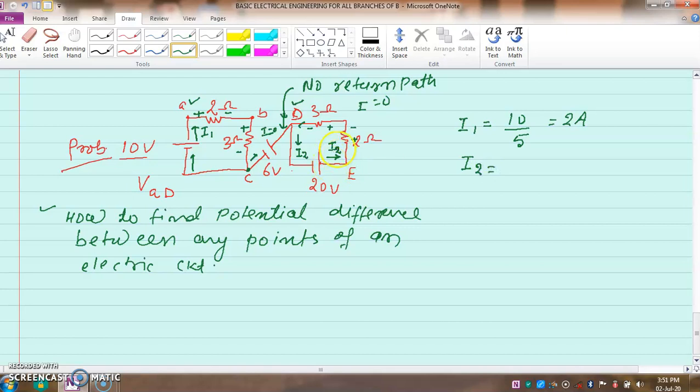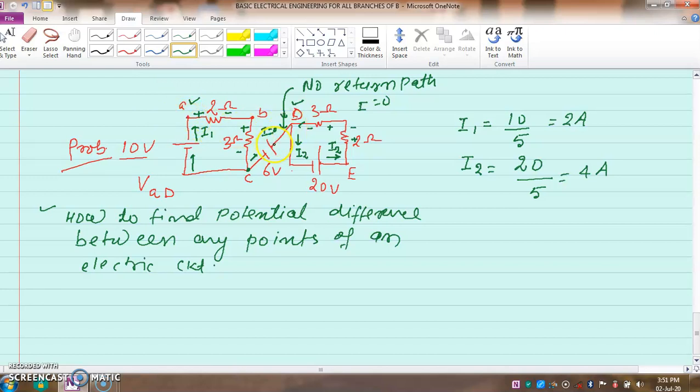I2 is in this closed path, so again the 2 ohm and 3 ohm are in series. Voltage source is 20, resistance is 5, so it will be 4 ampere. So now current in both the closed paths is known. Now we have to find voltage between A and D.